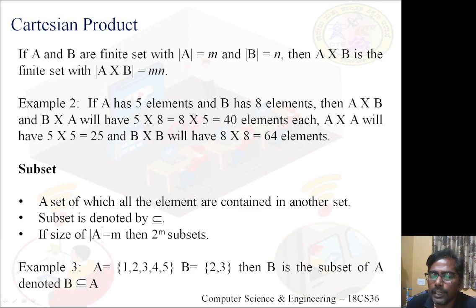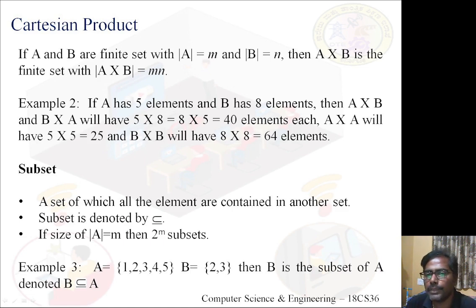In example 2, there is an assumption that set A has 5 elements and set B has 8 elements. Then A cross B will contain 5 into 8, that is 40 elements.